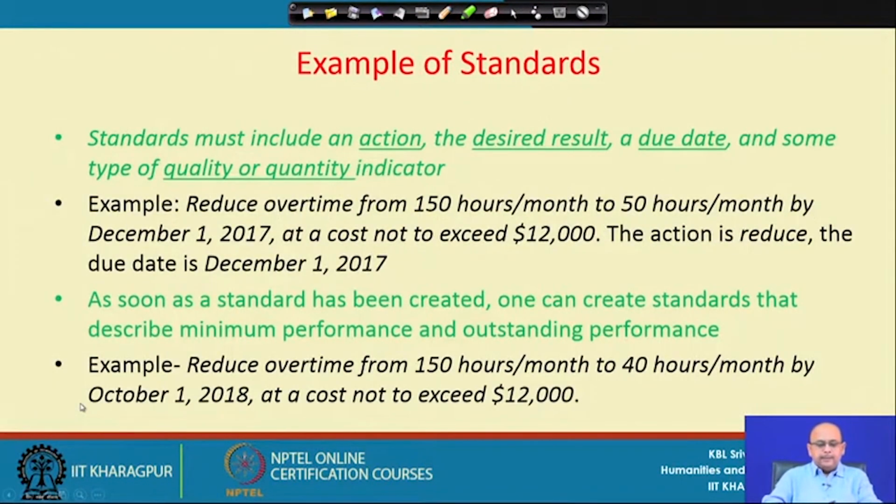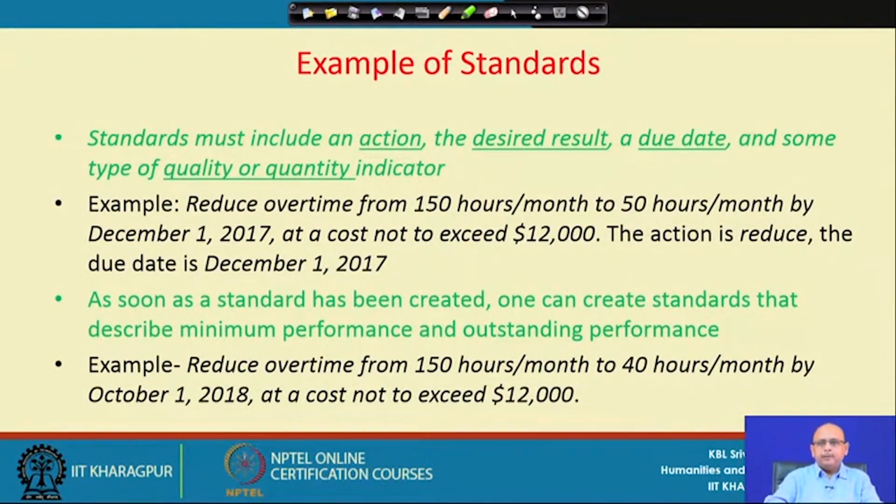Now, moving to the next part, here I am giving two examples of standards. When I am talking about standards, they include action, result, due date and also the quality and quantity indicator. Now, if you look at this example, which says reduce overtime from 150 hours per month to 50 hours per month by December 1, 2017 at a cost not exceeding $12,000, right.